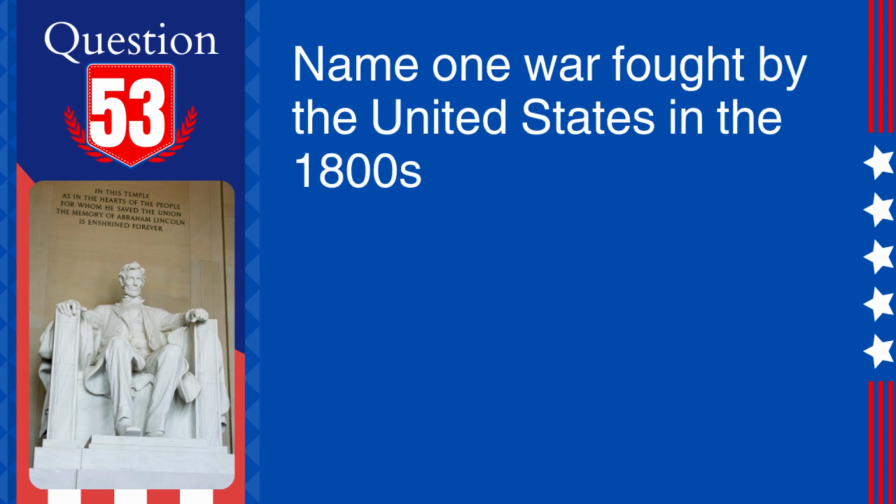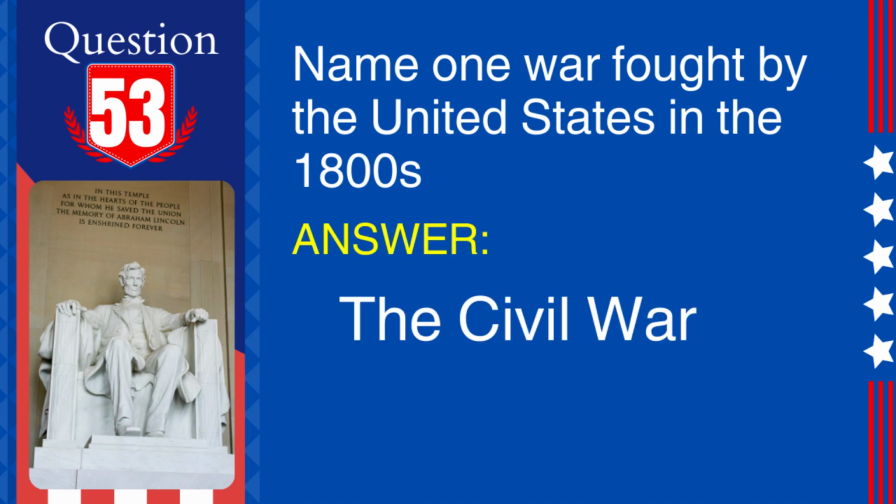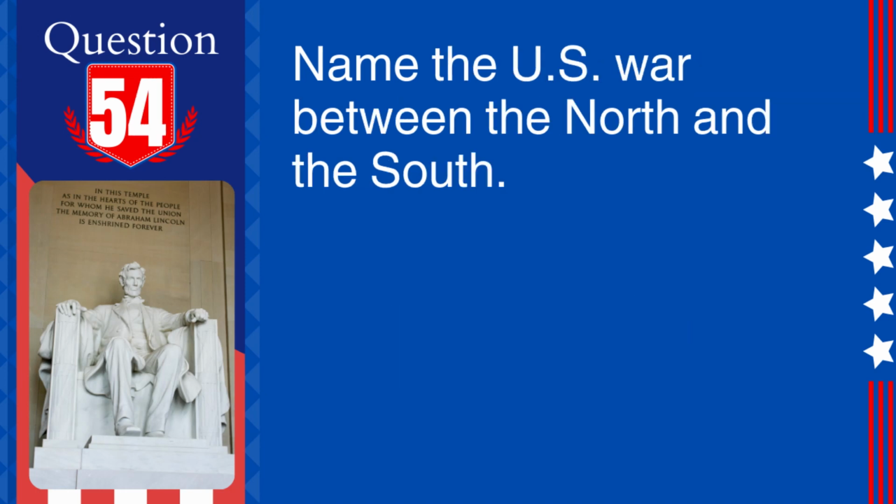53. Question. Name one war fought by the United States in the 1800s. Answer. The Civil War. Explanation. The Civil War, fought from 1861 to 1865, was a pivotal conflict in U.S. history, primarily concerning the issues of slavery and states' rights. 54. Question.